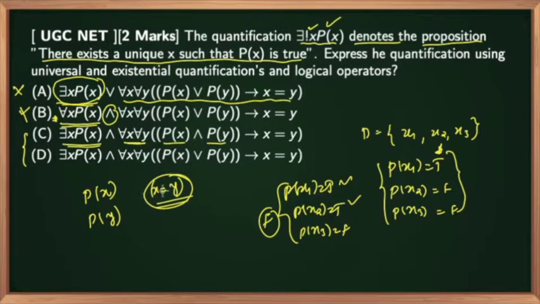Then I can say that there is exactly only one value for which p of x is true, right? So p of x and p of y implies x is equal to y. Okay, so C is correct. D is wrong because it says p of x or p of y. So this is wrong, right? So the correct option should be C.